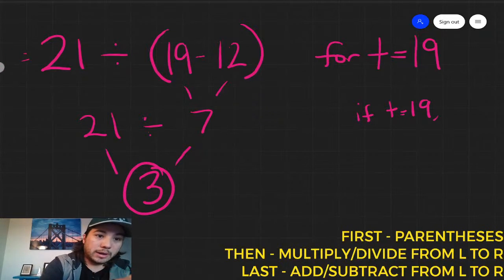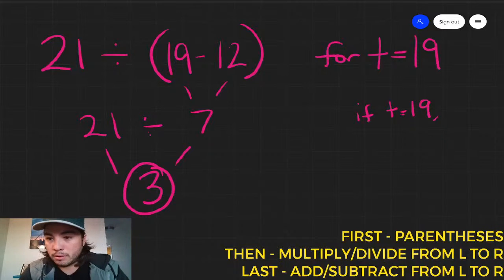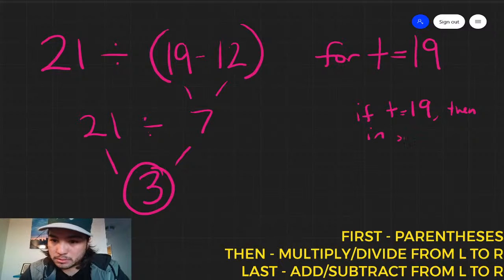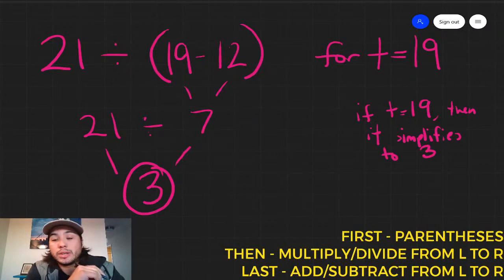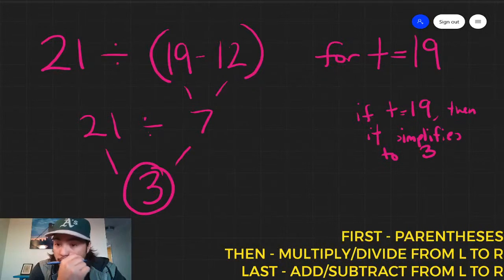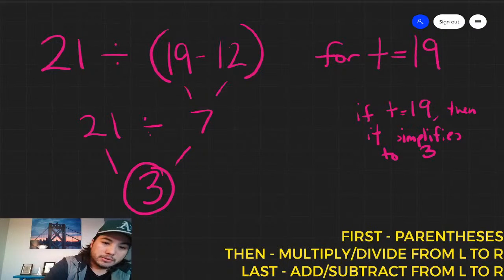And we're trying to figure out what x is. That's where we're going. Then it's 3. Then it simplifies to 3. But if we put in a different variable, our value is going to change, and then what we simplify it down to is going to change.